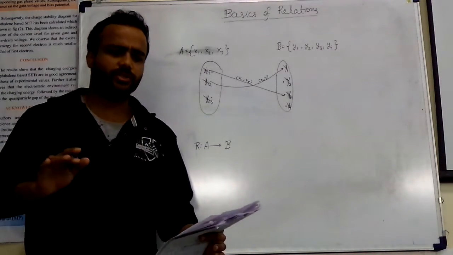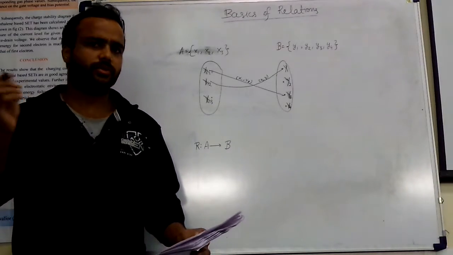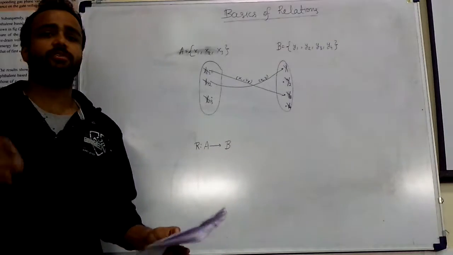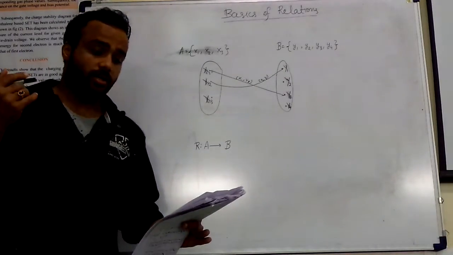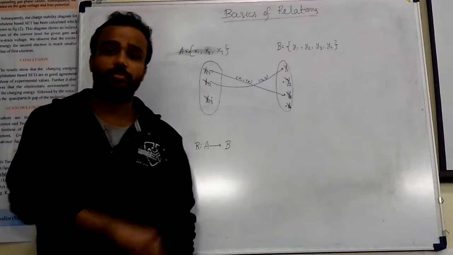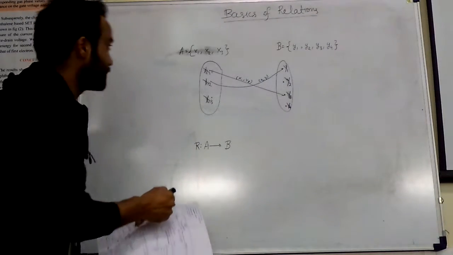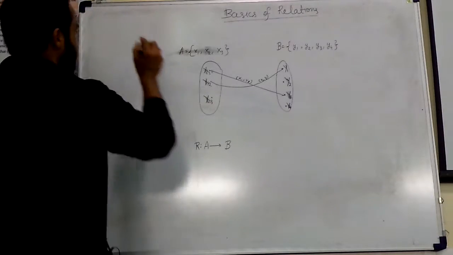A relation is an association of elements between sets. Furthermore, a relation can be defined across many elements of many sets, but here we are going to discuss only binary relations, the basic relations.